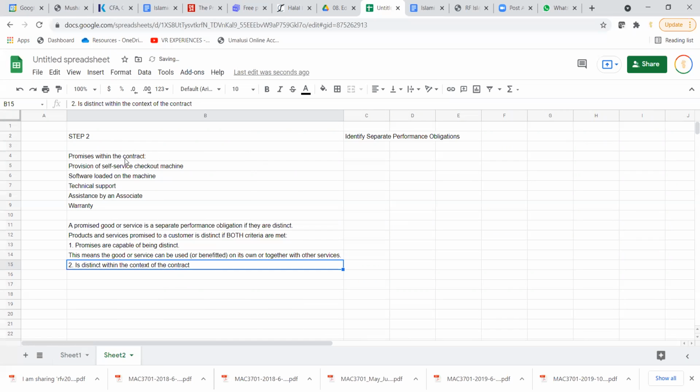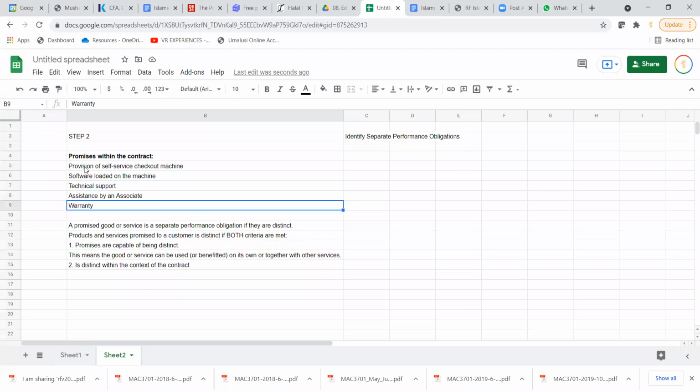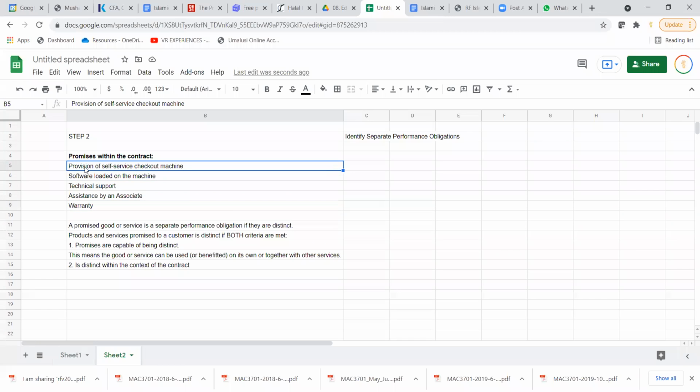So far, we have concluded, let me just make this bold, that the provision of the machine and the software is one performance obligation. We also concluded that the warranty is not a separate performance obligation. So therefore the warranty, the machine and the software is so far one performance obligation.